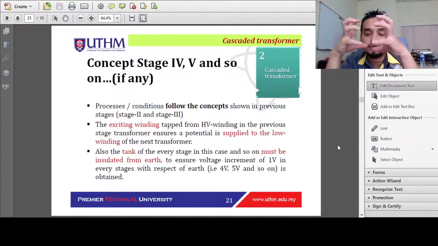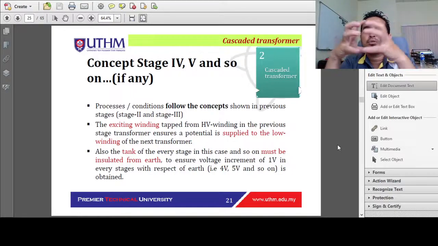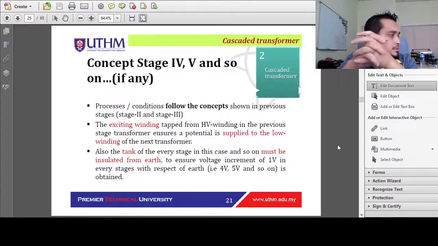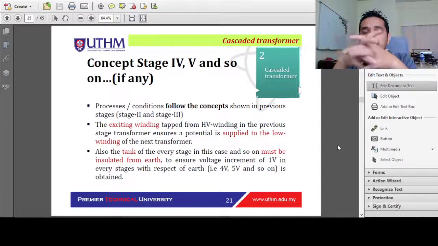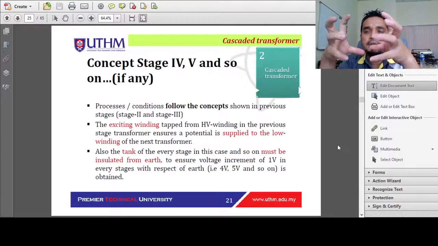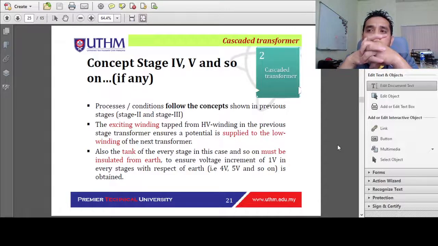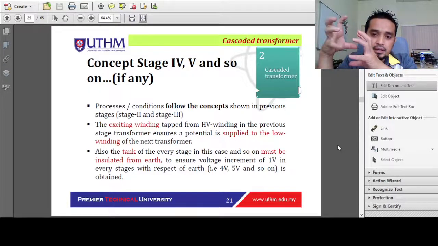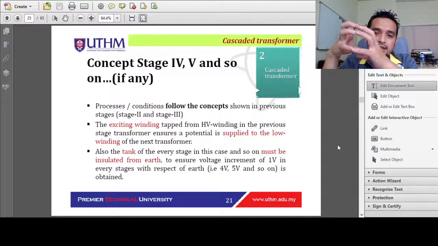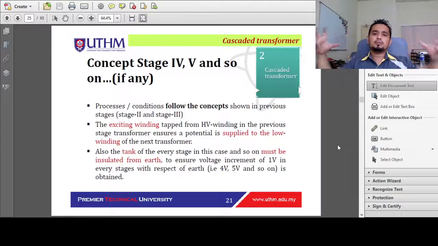First, by using the transformer itself. We don't want to have a bench size transformer with an output rating of 100 kV.